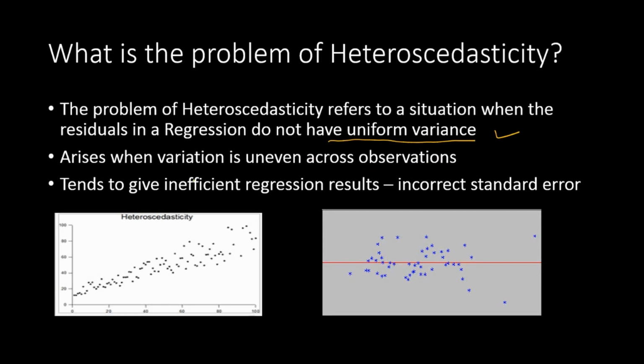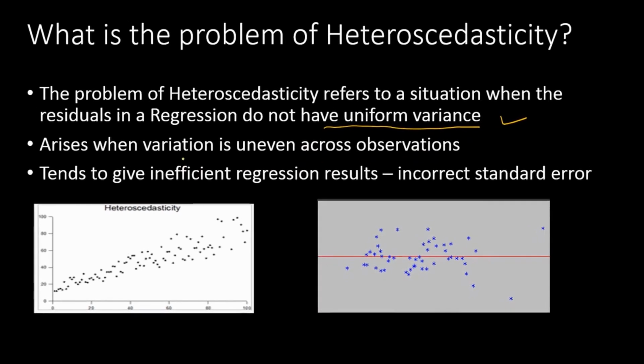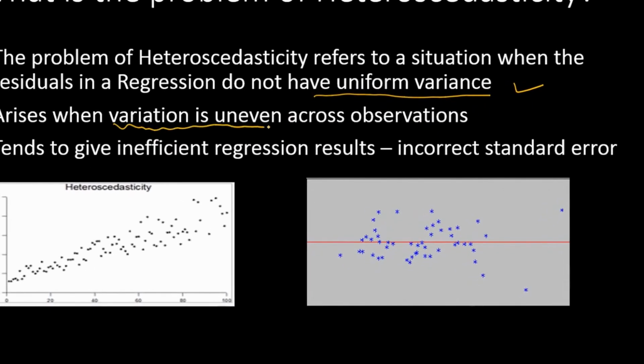This problem arises when there is an uneven variation across observations, and it is mostly seen in cross-section data, where you will find that the variation changes with respect to the observations.